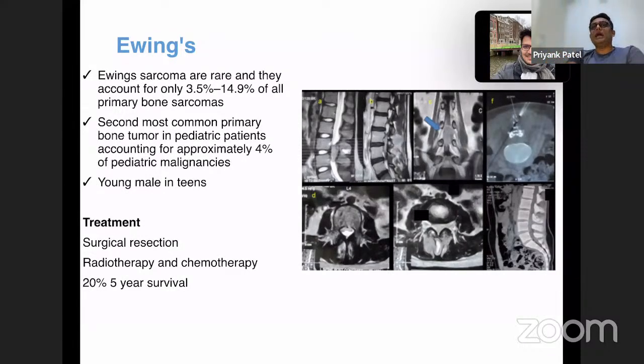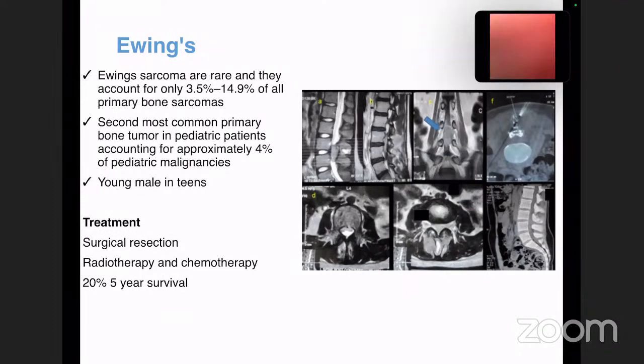It is seen in young males, especially in teens. And the treatment for this tumor is primarily radiotherapy and chemotherapy, with certain situations where you do surgical resection. And it has around a 20% 5-year survival rate. So this is one of the tumors where you don't operate without question.